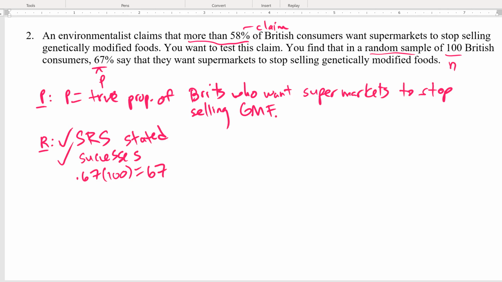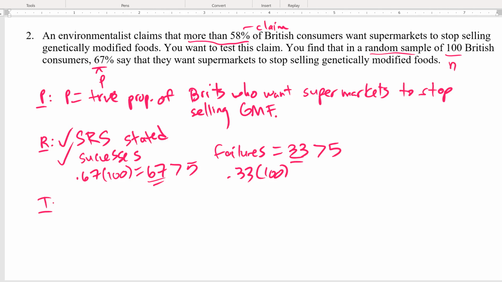That's 67. That is definitely more than 5. How many failures did we have? That would be the remaining 33, which is greater than 5. You could have also done 0.33 times 100. Okay? So we have our successes, we have our failures. We'll use this in a minute, but that basically meets the requirement. I've got 2 points so far.